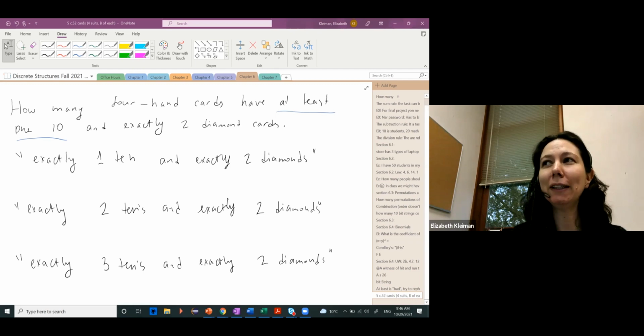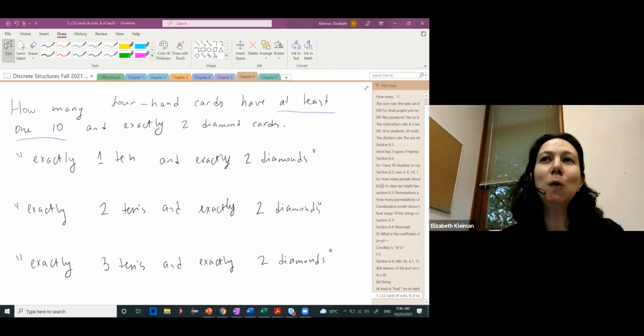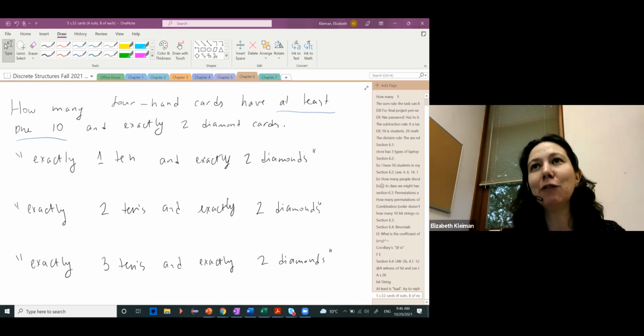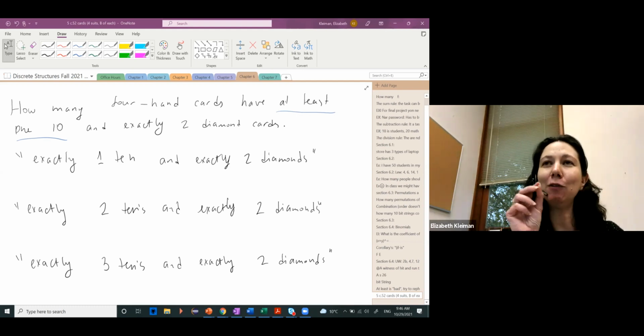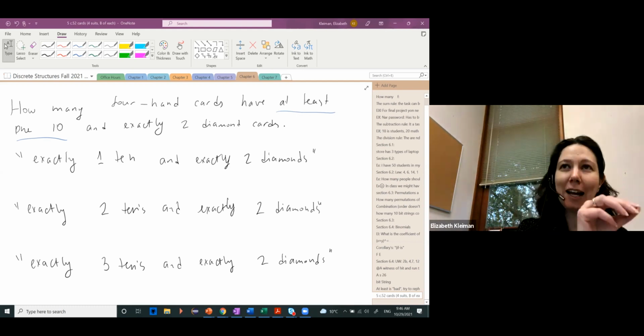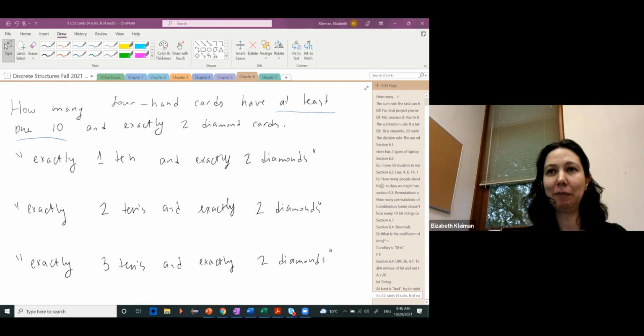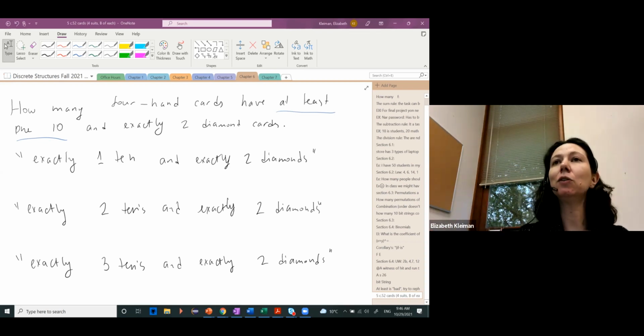So Justin points us to a cool thing here. We have good 10s, which are not diamonds, but we also have 10 of diamonds, which is kind of a special case. Do you agree? Because the 10 of diamonds is supposed to count for the 10, but it's also supposed to count for the diamond, correct? So this is where we're going to separate it.